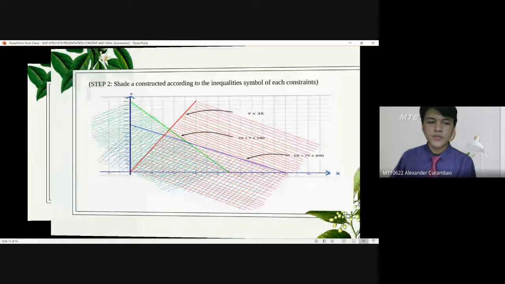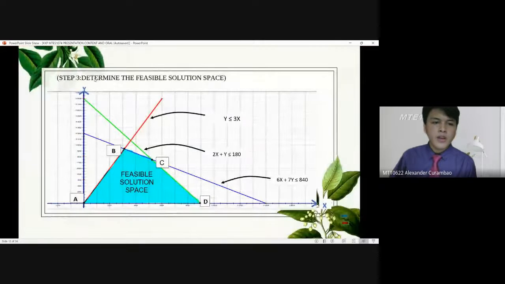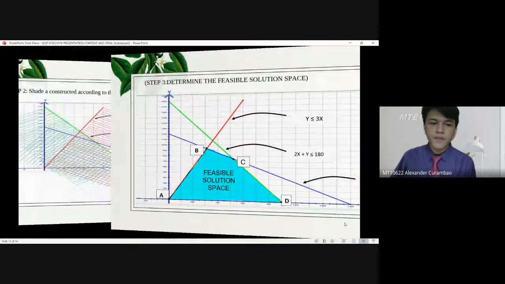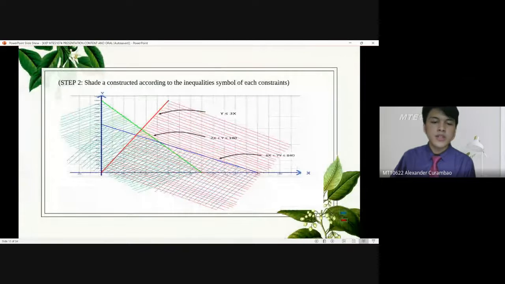Let's move on to step 3. Determine the feasible solution space. What is the feasible solution space? As we can see here, the feasible solution space is the intersection between all the shaded regions, the first, second, and third shaded region. We determine the feasible solution by looking at the intersection between all the shaded regions.